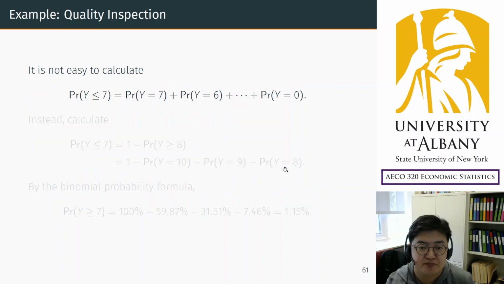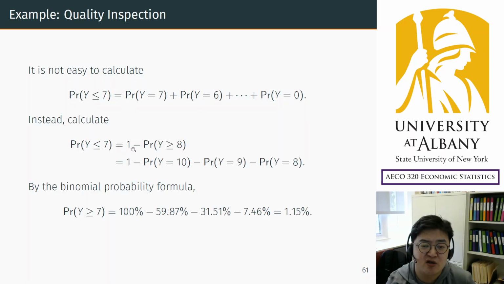So once you understand that, then it is not easy to calculate that. You have to break down the inequality probability into probabilities with equalities. But there are 8 possible outcomes. So what I recommend here is, instead of calculating probability of rejection, I recommend you to calculate the probability of acceptance.